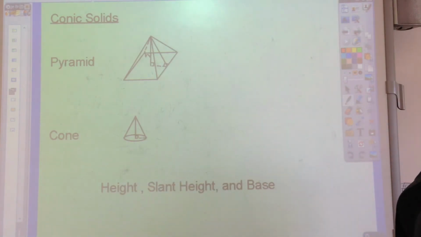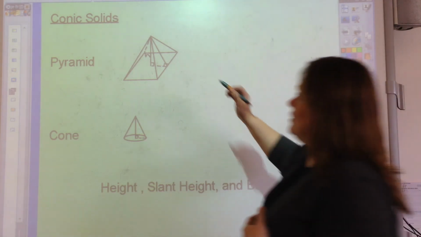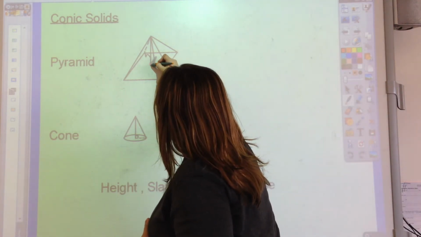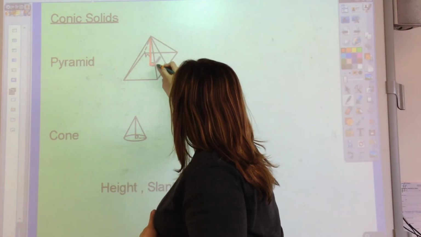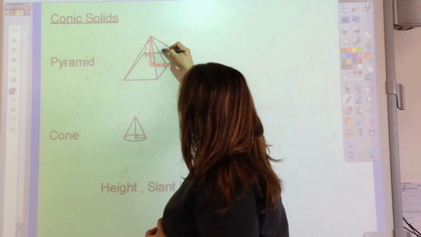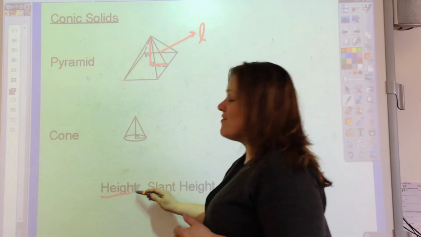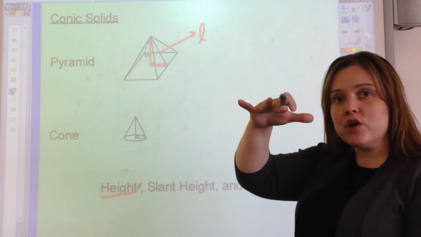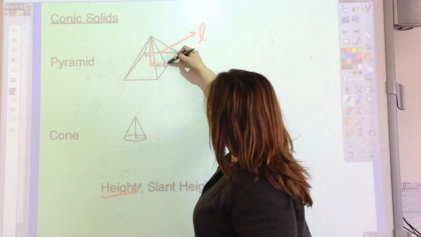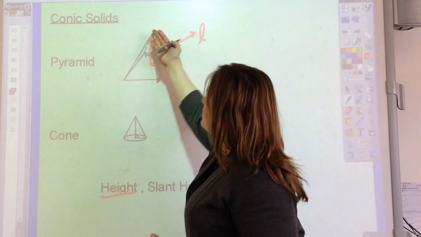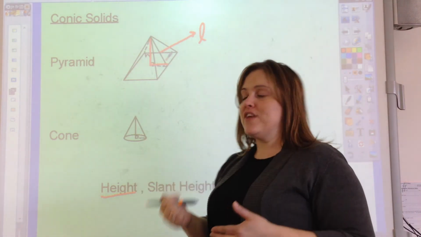Right here, if I have a pyramid and a cone, I can see that the height makes a right angle with your base. And here's another important point: we're going to call this the slant height. We have the height of the entire pyramid or the cone, and the slant height is the height of the triangles that are on the lateral faces.